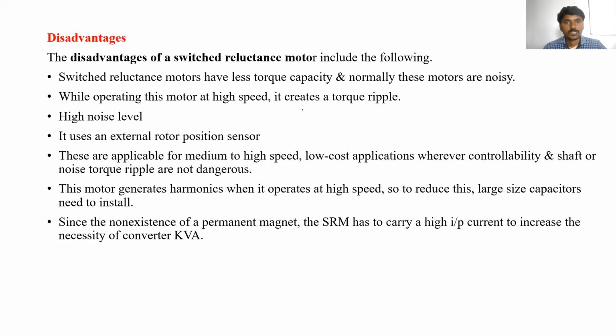Switched reluctance motors have less torque capacity, and normally these motors are noisy. It has some disadvantages. Switched reluctance motors have less torque compared with the brushless DC motor because we are not using any permanent magnets, so obviously the magnetization is very low and the torque is also very low.